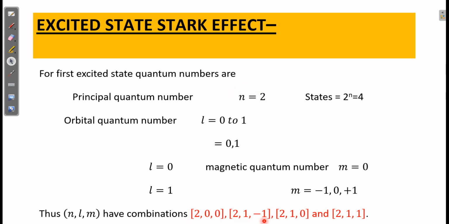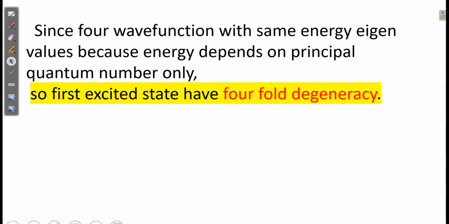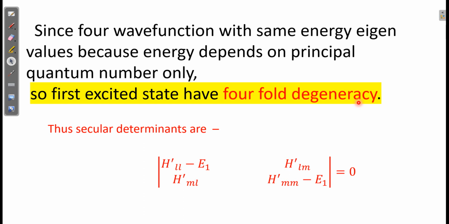These 4 wave functions have similar energy that is determined by the principal quantum number n equal to 2. In this way, the first excited state has 4-fold degeneracy. In the degenerate perturbation description, the determinant is set equal to 0. This is the secular determinant used in all degenerate cases.